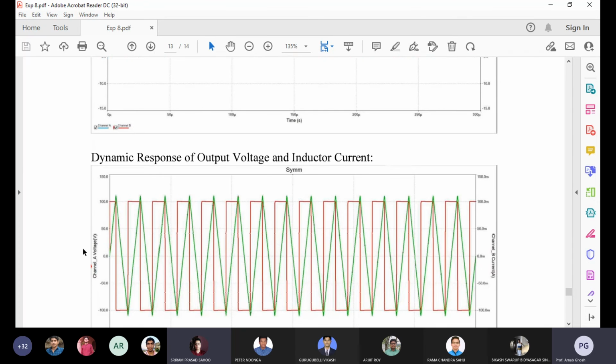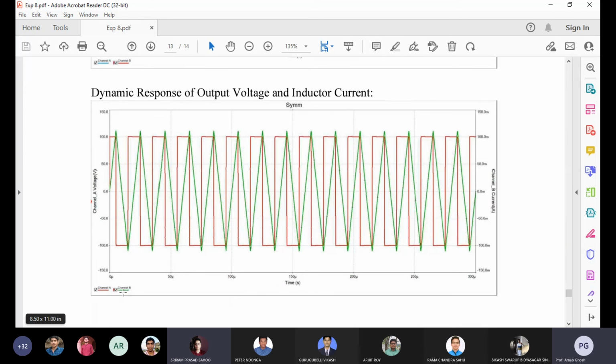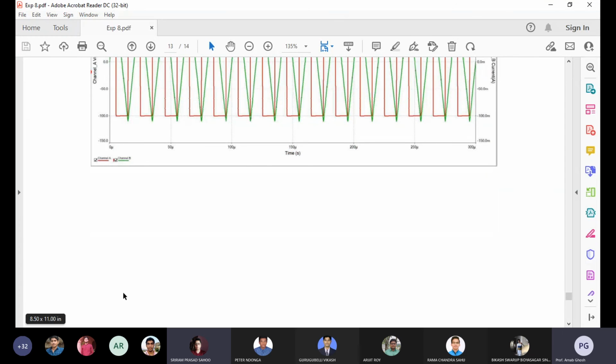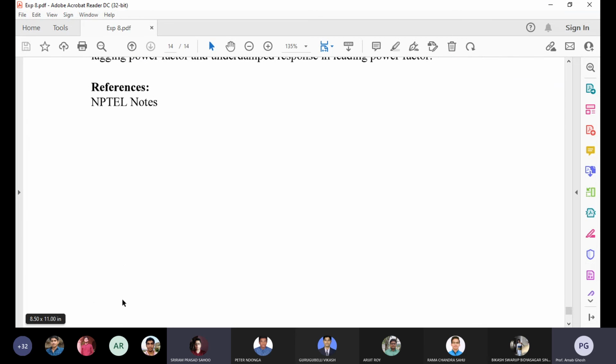Here you can see the current also varying from positive half to negative half, so both voltage and current are varying. In the half bridge only the current is positive while the voltage can go negative. So in the half bridge configuration only 2-quadrant operation is possible, but in the full bridge configuration 4-quadrant operation is possible.